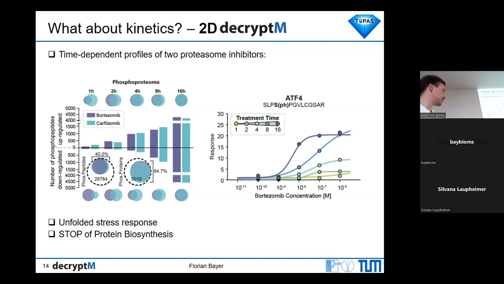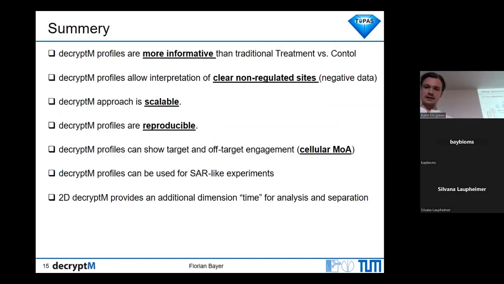Quite early here, the majority of this upregulation is coming from phosphosites and proteins that are important for protein biosynthesis. So it was quite interesting for us to see that the cell feels like, okay, protein degradation is not working, so we should first try to solve the proteins that are there, and then they really stop the protein biosynthesis.